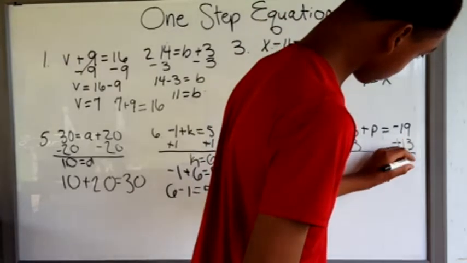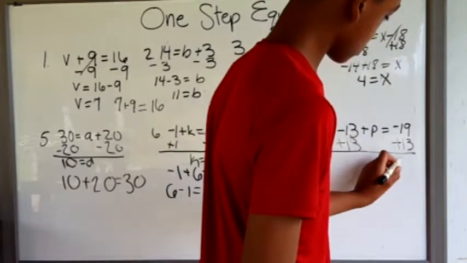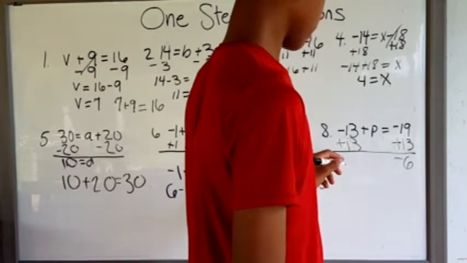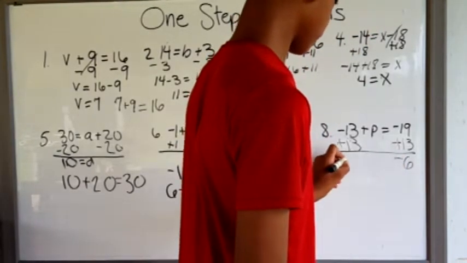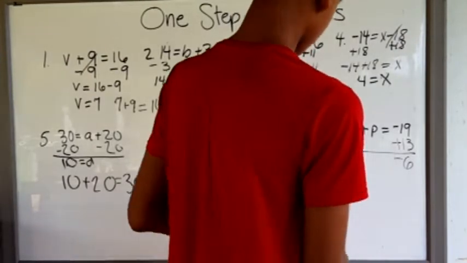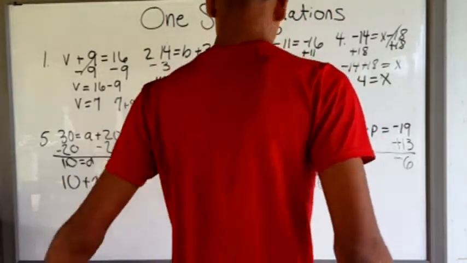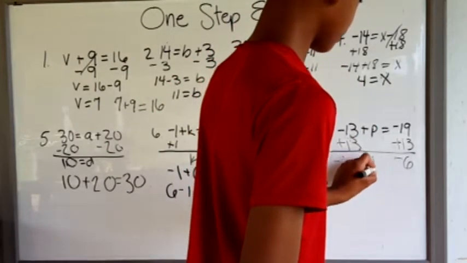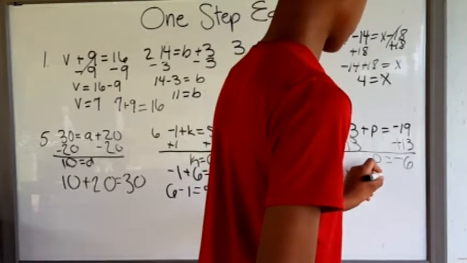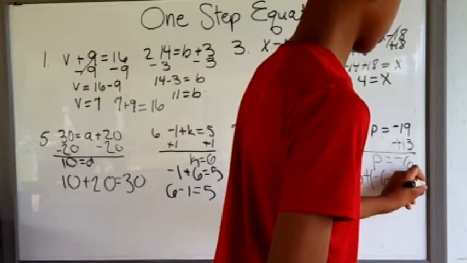What are you doing to it? Negative 6. Can you write p equals negative 6? I'm trying to skip stuff. I forgot about doing that part. And so then if you do negative 13 plus negative 6, then you'll get negative 19.